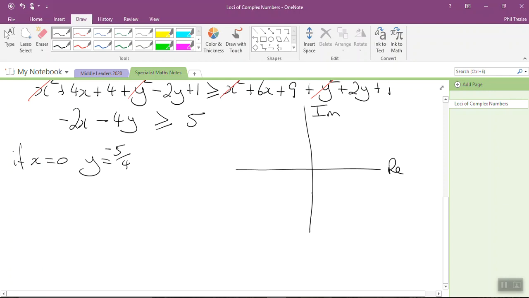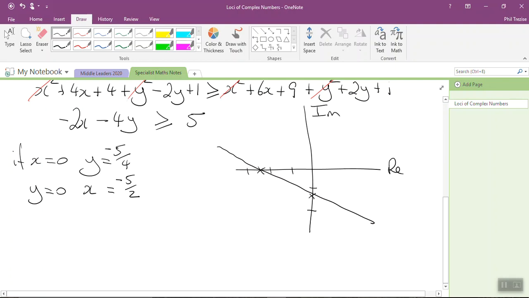The y-intercept is about there, negative 1 and a quarter. If y was 0, then we'd just have 5 divided by negative 2. And so on the x-axis, our intercept is down here. So this is the line joining, it's an equality, so it'll be a solid line, not a dotted line, so try to draw that through.